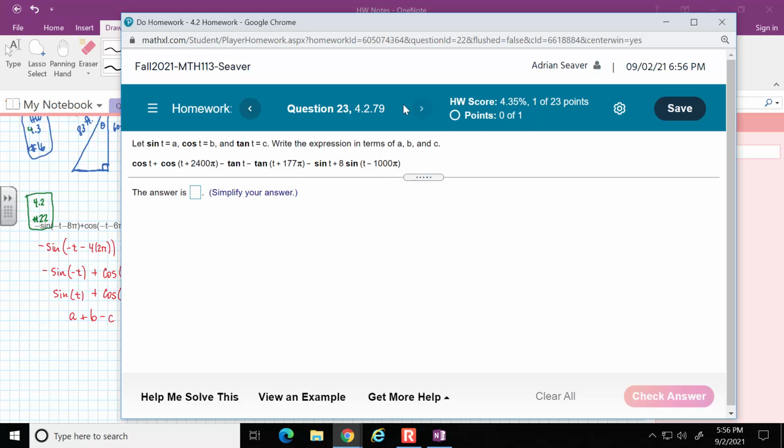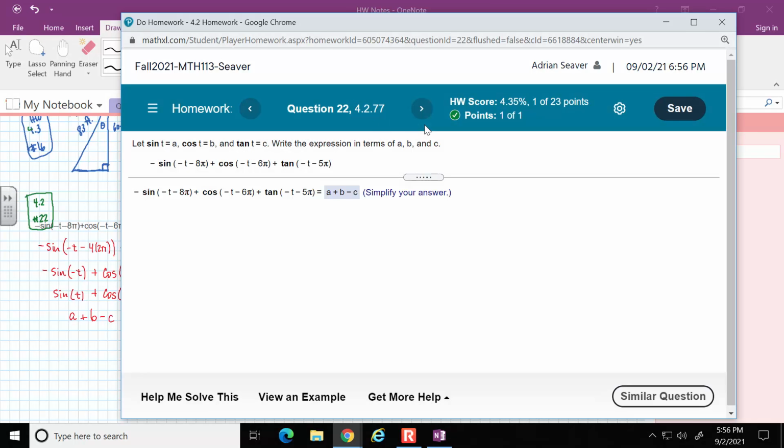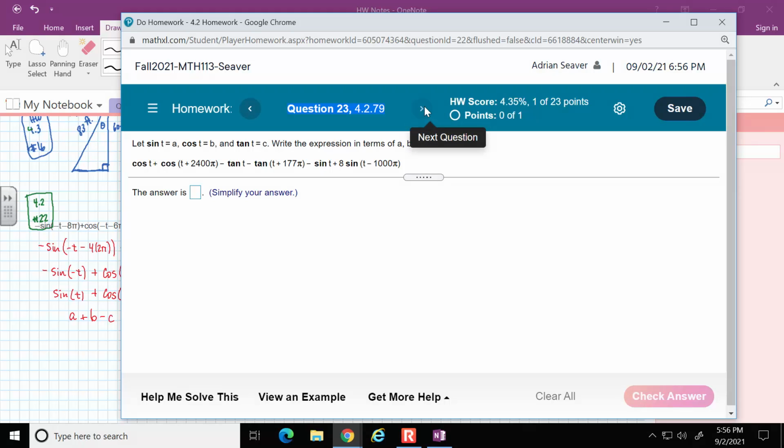Which one do you want to look at? You guys pick. I don't know how many questions there are. There used to be a little button up here where I could look at all the different questions, but there's at least 23. We've done one, sort of 2 of them. Is there another one you want to look at? Or pick a number. This is 4.2.